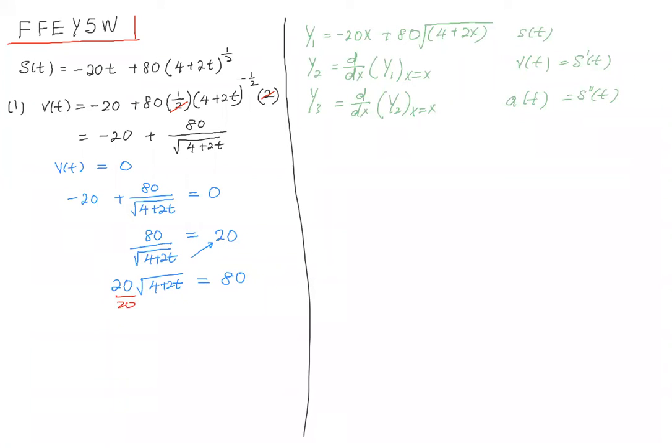I divide by 20. So I got square root of 4 plus 2t is equal to 4. So 4 plus 2t equal to 16. You see why I can do it so quickly, because it has become part of me already. It's not that I'm cleverer than you.